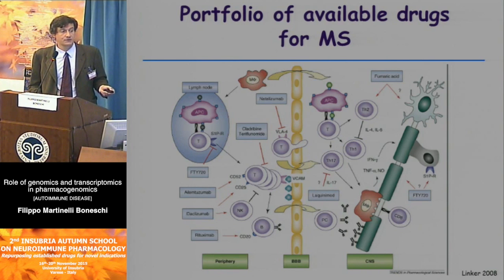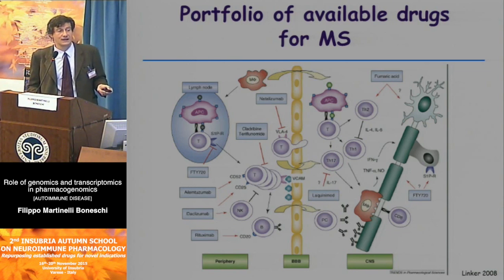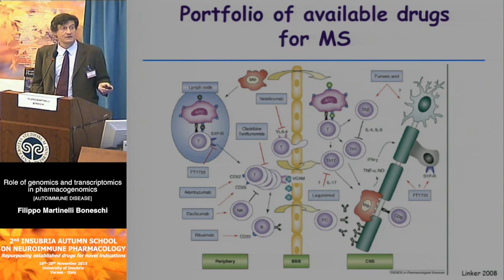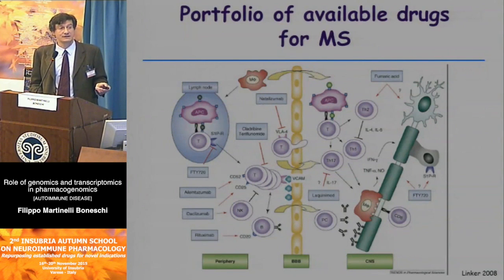Or, for example, daclizumab has already been mentioned, acting on NK cells. Or we have alemtuzumab, which works on the surface molecule called CD52, carried by T cells. Then we have other drugs like natalizumab, which works mainly by inhibiting the crossing of the blood-brain barrier by activated immune T cells.